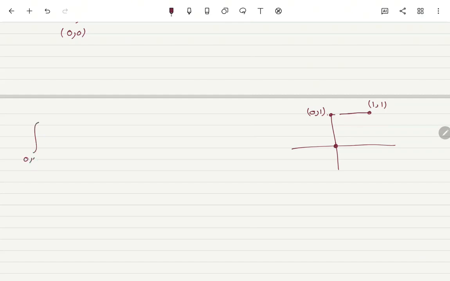The integration from 0 0 to 1 1 along the other path of xy plus y squared dr is actually equal to, now be careful here, the first part of the integral is along the y-axis, so it's j hat, integration from 0 to 1.